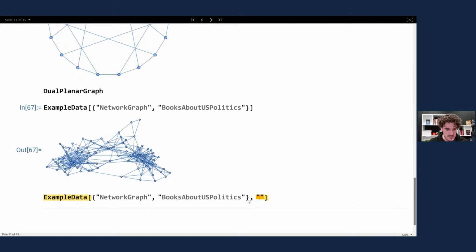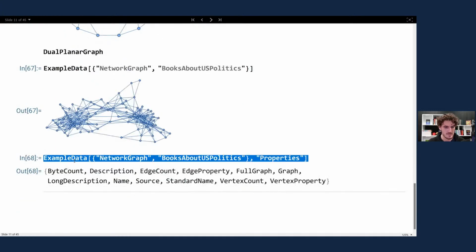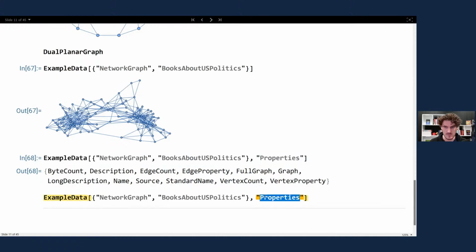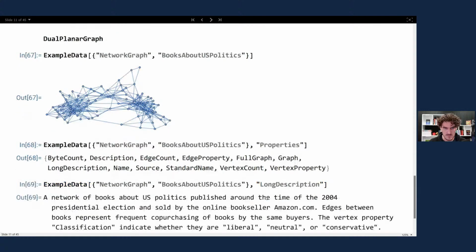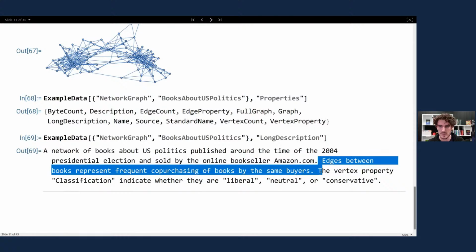So I'm going to take this and query it saying the properties. I think that's what we need. Yep, here are the properties. And then maybe I want the long description. Here it is. Edges between books represent frequent co-purchasing of books by the same buyers.